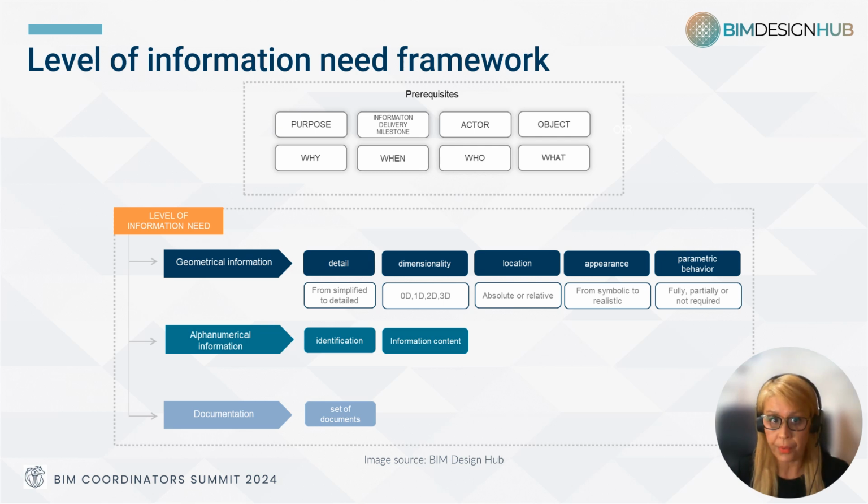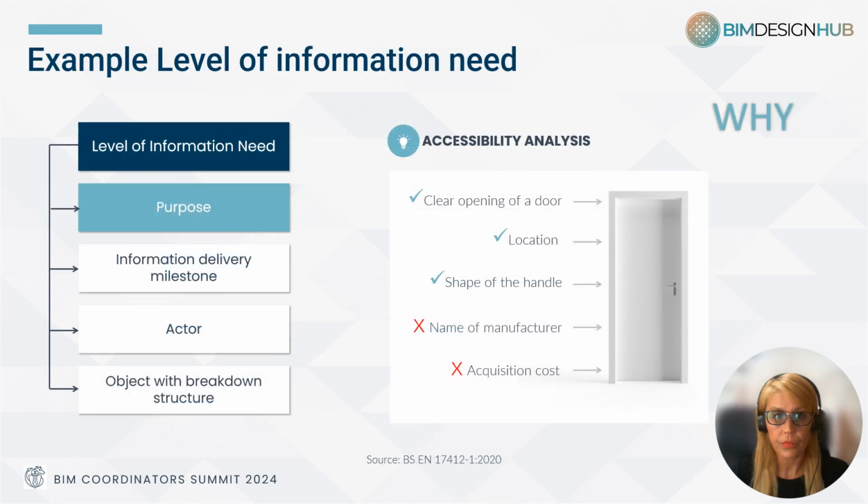According to the framework, the prerequisites are the purpose, the information delivery milestones, the actor, and the objects. The level of information need is defined by the geometrical and alphanumerical information, and the documentation.